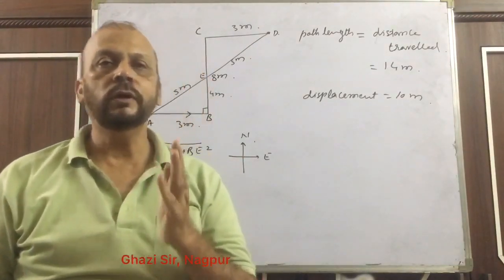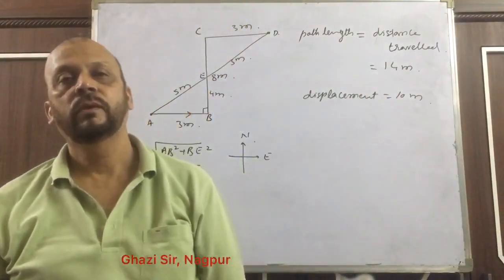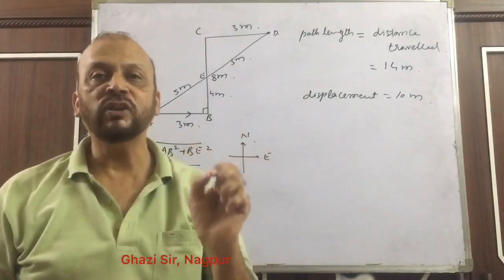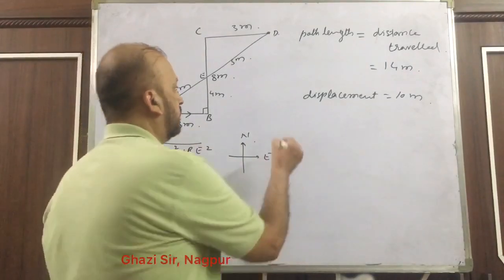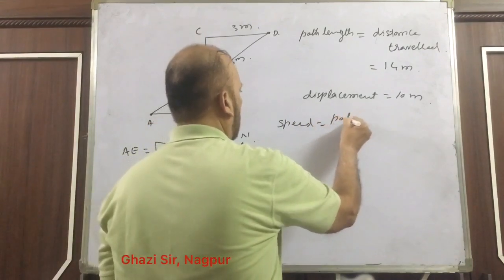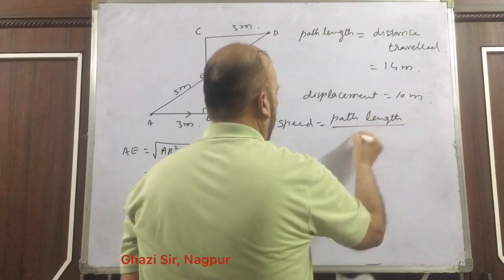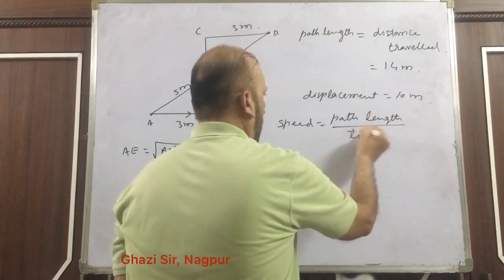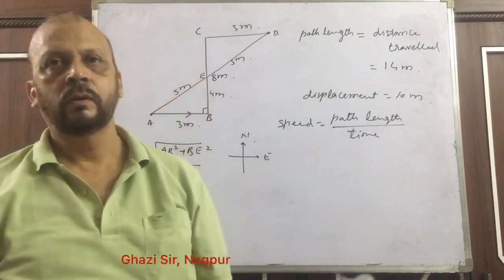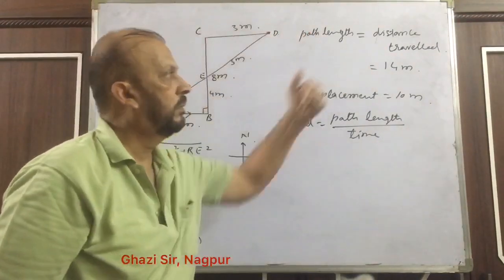And we also learned speed and velocity. Speed is path length per unit time. For example, in this case, path length is 14 meter.